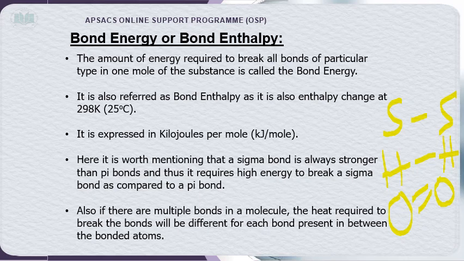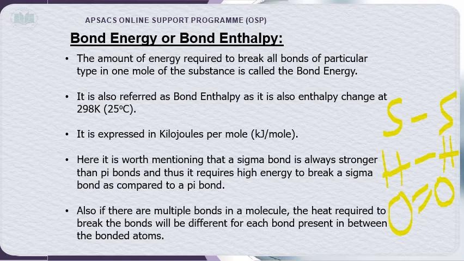Here it is given, it is 495. So there is very little difference. 436 for just one breakage of the hydrogen to hydrogen bond and 495 for the breakage of two bonds. So we can say that sigma bonds are stronger than pi bonds.